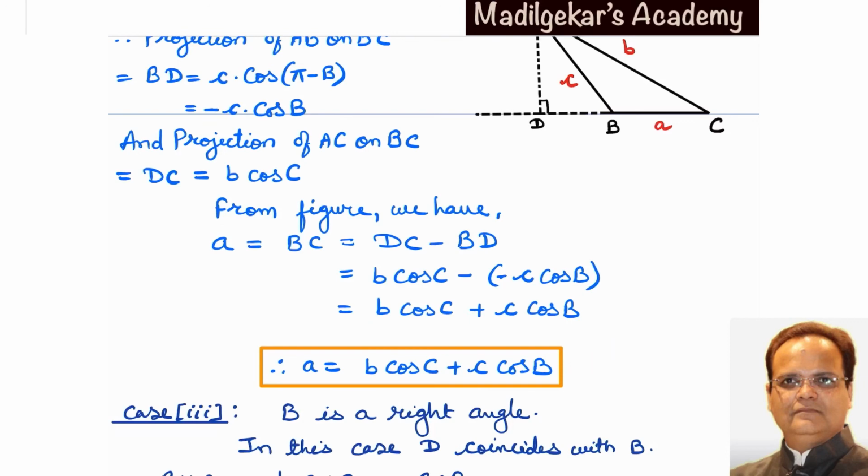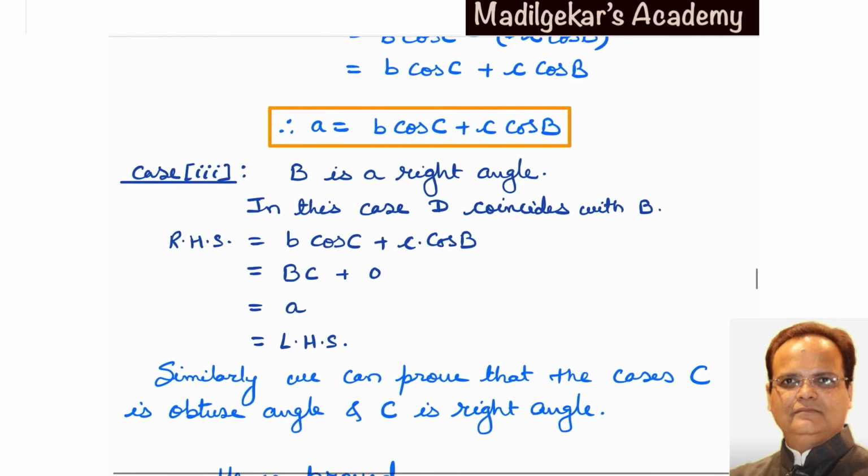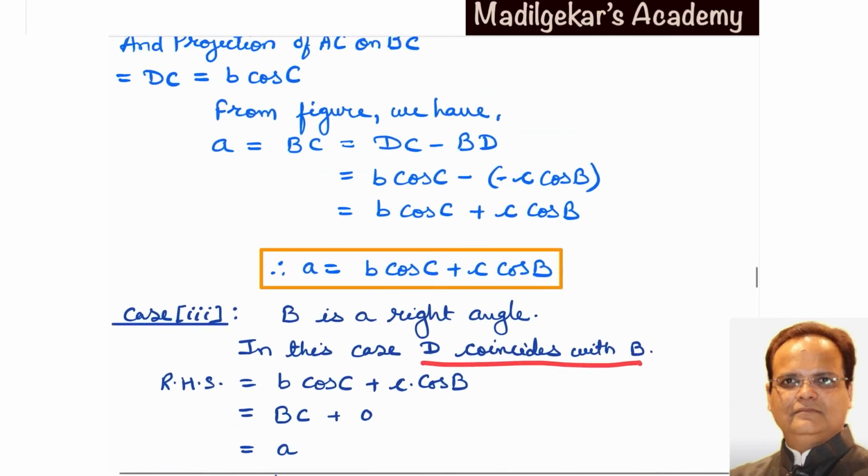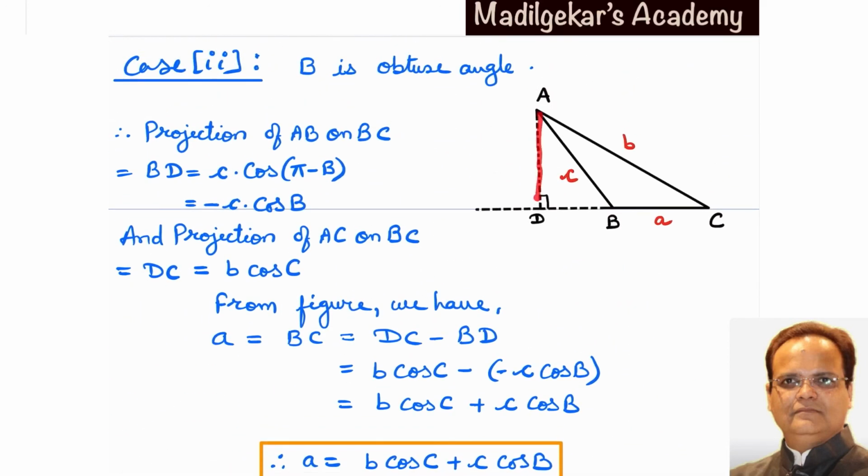Let's study case 3, if B is a right angle. The third case is simple. As it is a right angle, it is 90 degrees. D coincides with B. This perpendicular AD and AB will coincide.